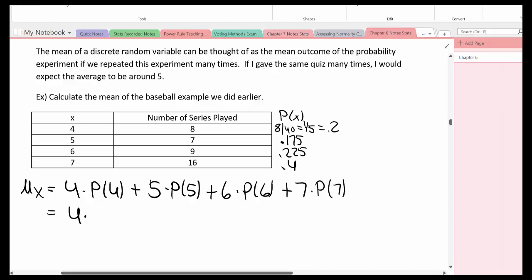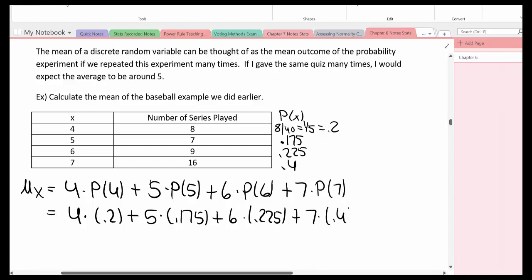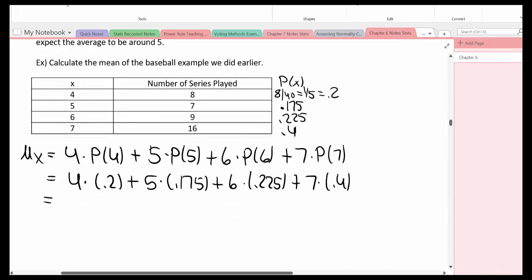So, the probability of 4, that's 2/10. The probability to go 5 games is 0.175. The probability to go 6 is this. And the probability of 7 is 4/10. So, multiply.